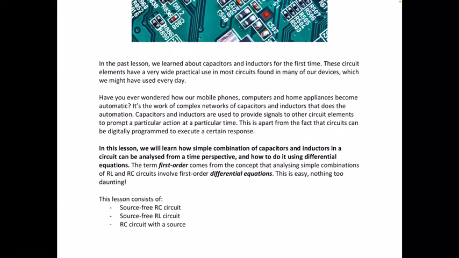And the second learning objective would be to help our understanding on how to design circuits, because as mentioned in the first item, circuits can be designed to function or prompt an action at a particular time, and depending on how long or how short you want your circuit to prompt an action, it can be designed using the correct values of inductors and capacitors.